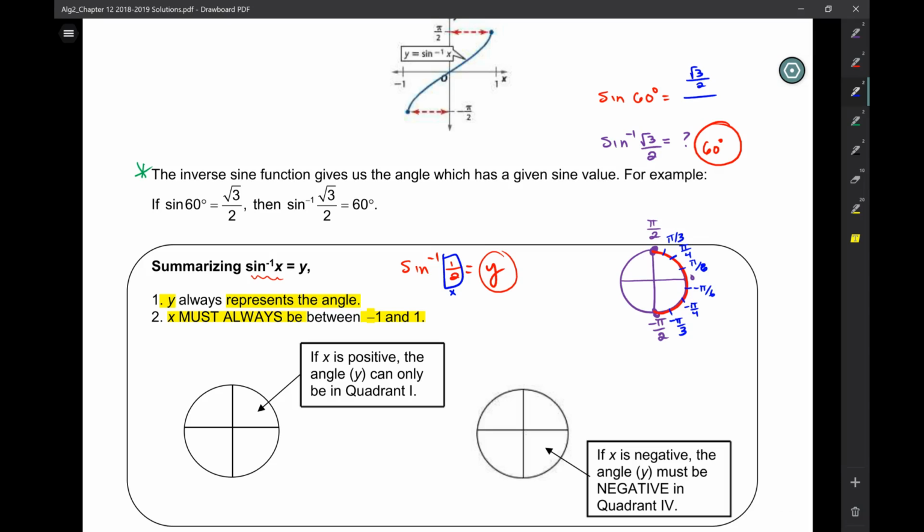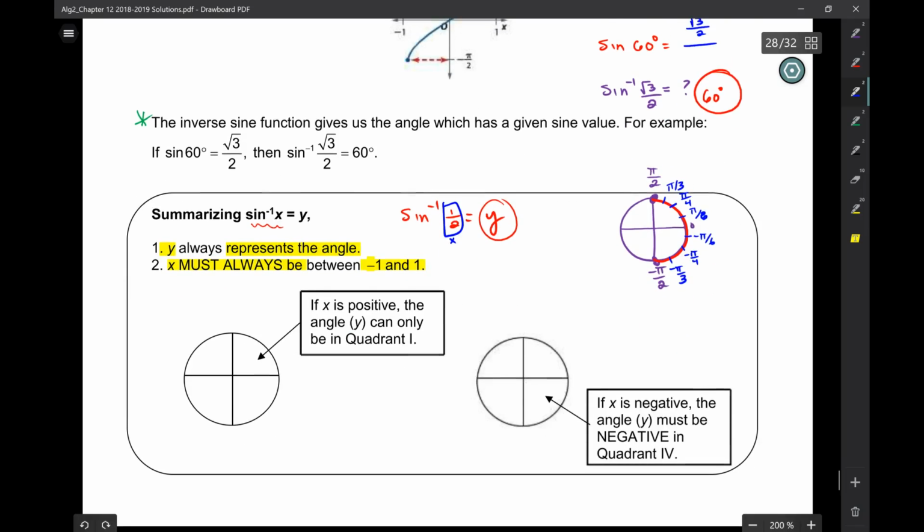How many total angles do I have up here now? 1, 2, 3, 4, 5, 6, 7, 8, 9 total values. It's only these 9 angles that are going to be your answers for an inverse sine question.